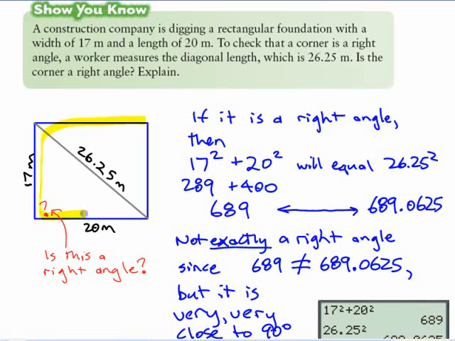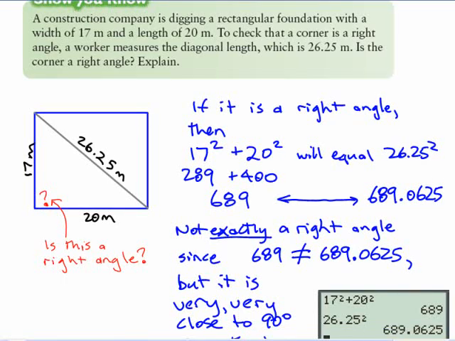Okay, rectangular foundation, diagonal length. You have all three measurements, but you don't know whether this is a right angle. So to check it, you can check whether the Pythagorean relationship works or not. When you work out what 17 squared and 20 squared is, 289 plus 400, you get 689. Okay, that's the area of the squares on each of those sides.